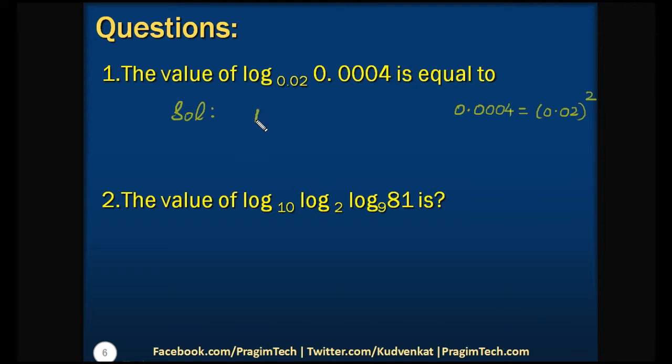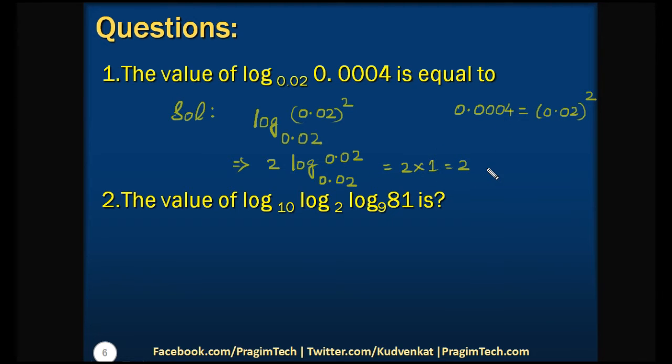So let us substitute that: logarithm of 0.02 whole square to the base 0.02. From the properties of logarithm, we can write this as 2 into logarithm of 0.02 to the base 0.02. From properties, this value is going to be 1. So its value is 2 into 1, which is nothing but 2.